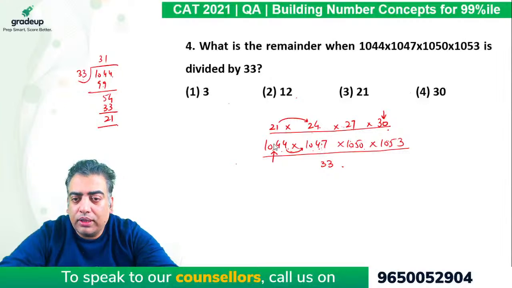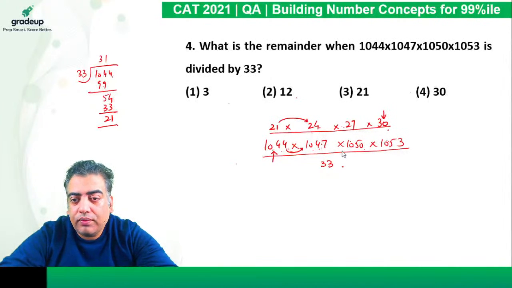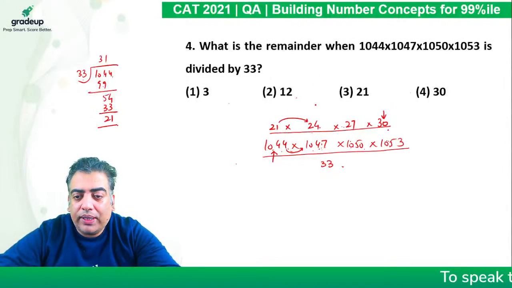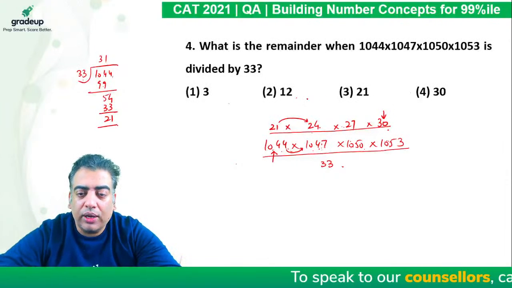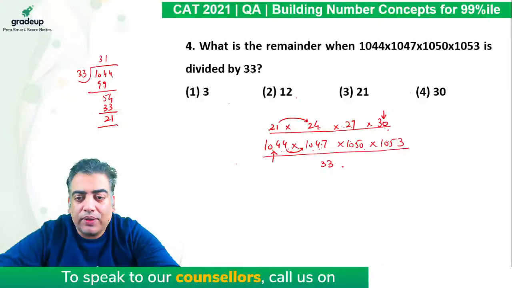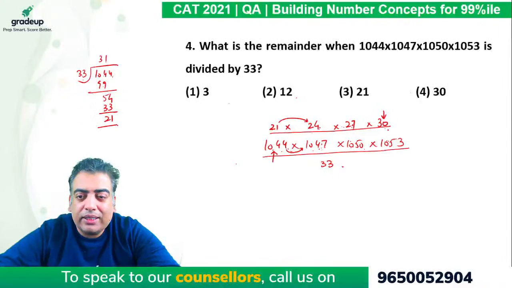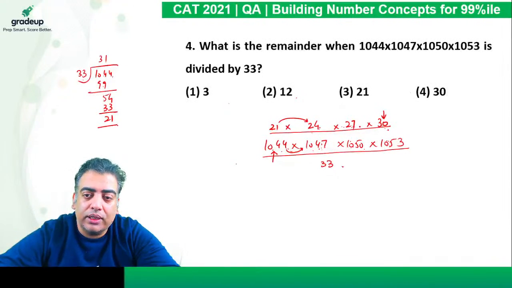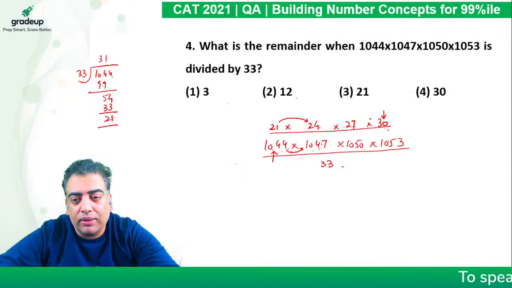Okay, so let's do the maths. Now there are multiple ways of doing maths here, right? If I multiply 21, 24, 27, 30, the numbers are very big. It will take time to multiply all these. But instead of considering positive remainders, if we consider negatives, the values become smaller.